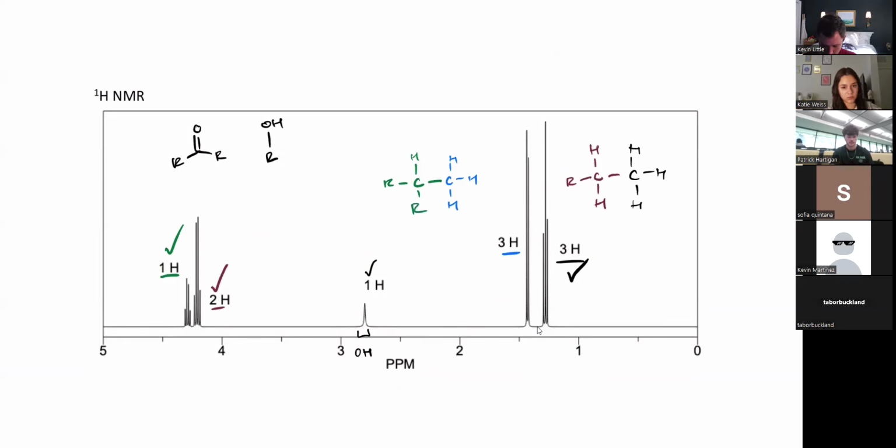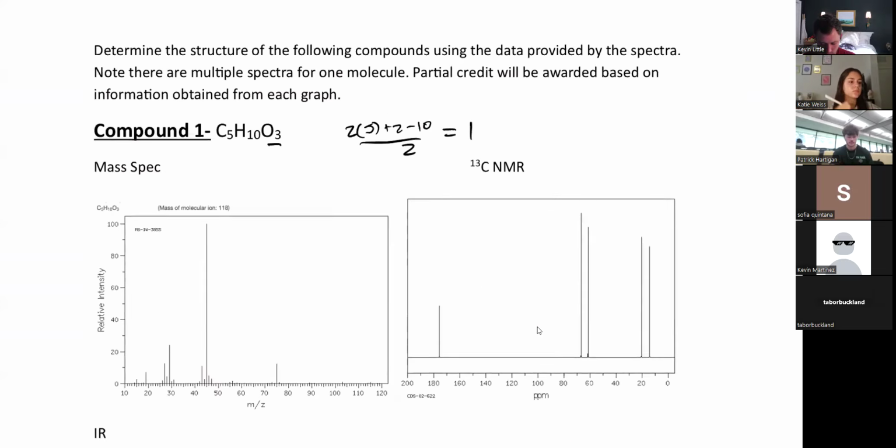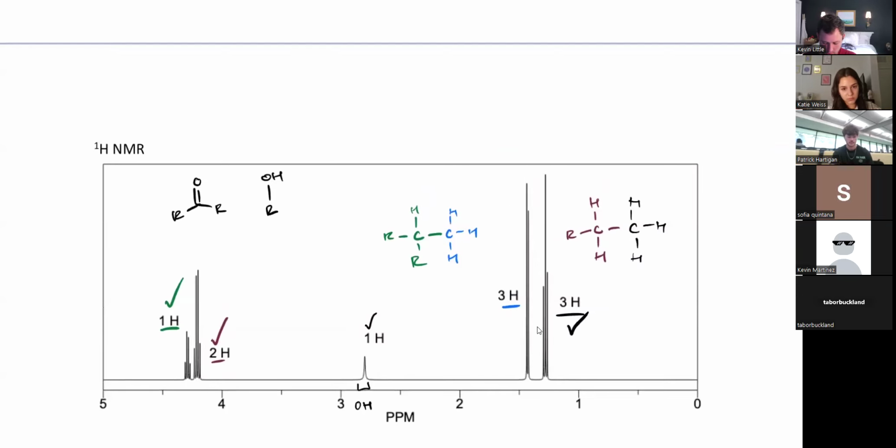Okay, here we go. 1, 2, 3, 4, 5, 6, 7, 8, 9, and then the OH is 10, right? That matches up with my chemical formula. So the only thing I'm missing is 1 oxygen. I can't have 1 oxygen that's part of a carbonyl, and I don't have another OH. There are only 3 ways oxygens can come: they can either be an ether, an alcohol, or a carbonyl.